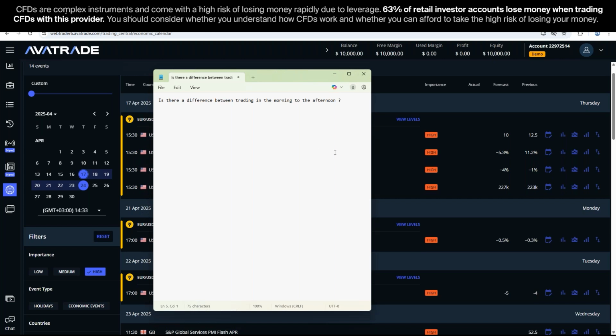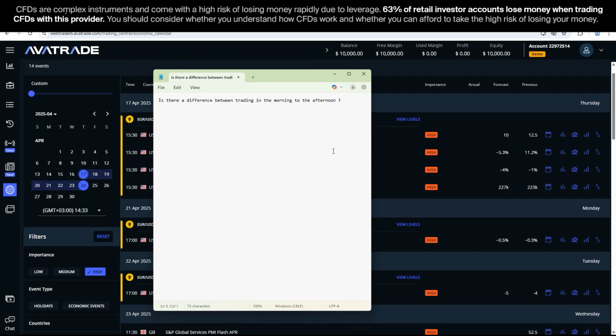So there is a difference between trading in the afternoon and the morning, since, as I have explained, we've got the UK market to open and the US market to open. That depends on which instruments you're trading. Is it indices like Dow Jones, Nasdaq, S&P, or FTSE, as an example?